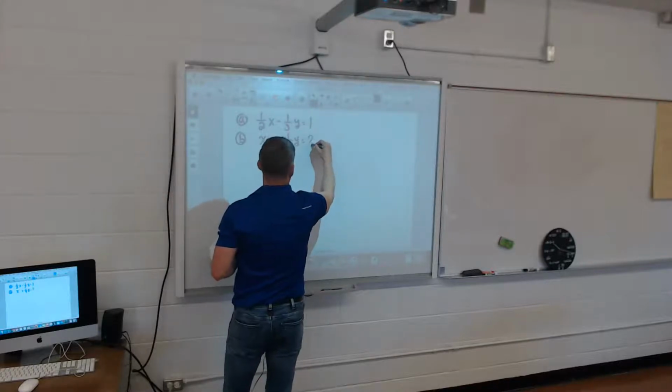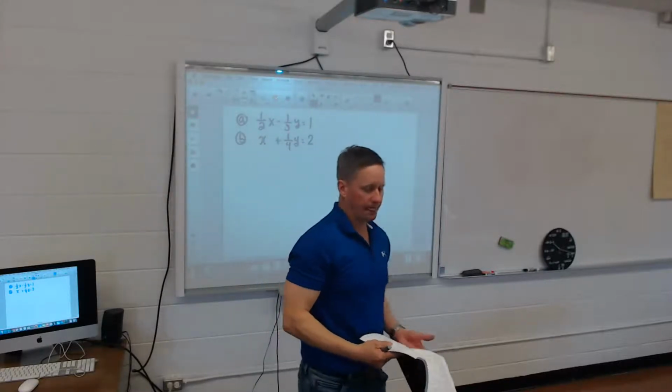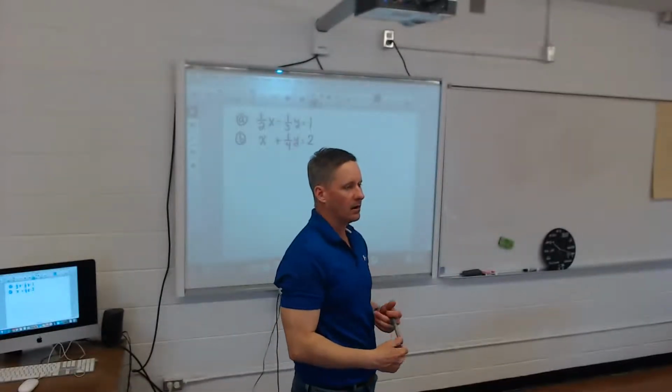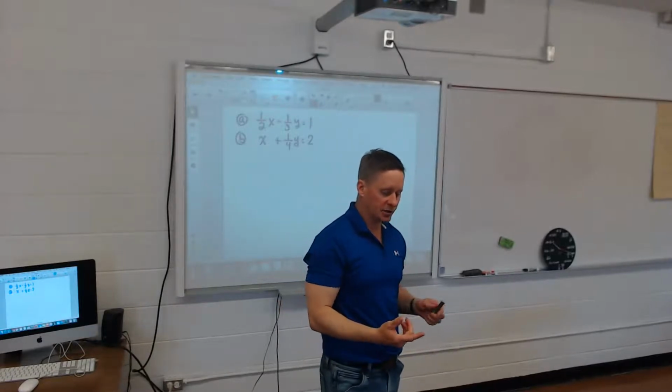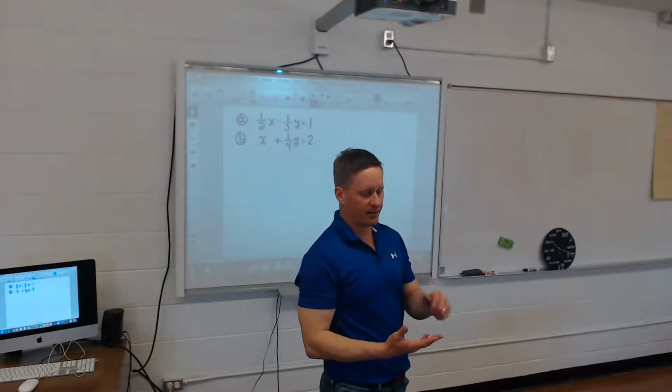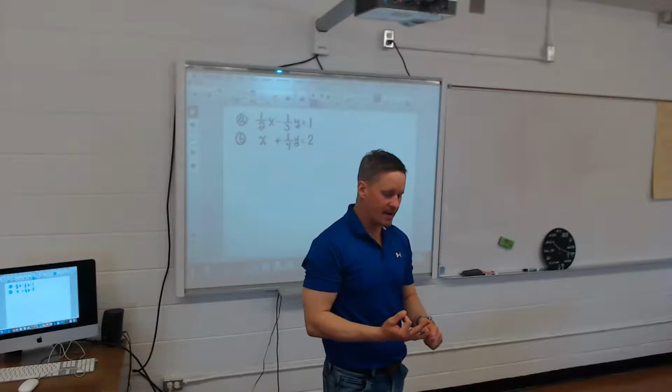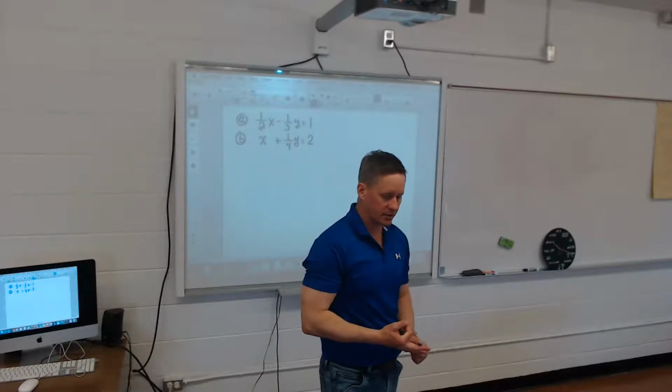equals 2. All right, so when we learn to write in general form for linear equations, we understood that we had ax plus by plus c equals 0, and that a and b were not allowed to be fractions.